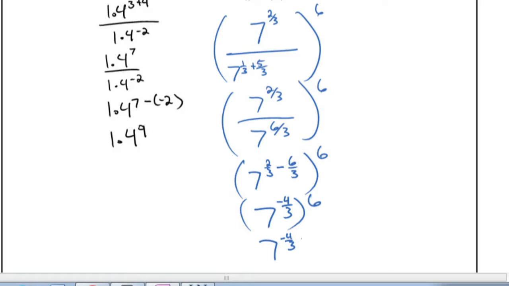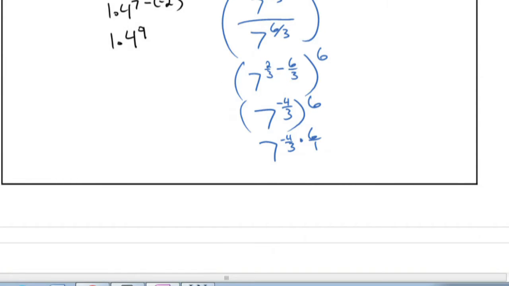Negative 4 over 3, and I'm going to multiply by my exponent of 6, which is really 6 over 1. So I'm going to get 7 to the power of negative 24 over 3. 24 divided by 3 is going to give me negative 8.